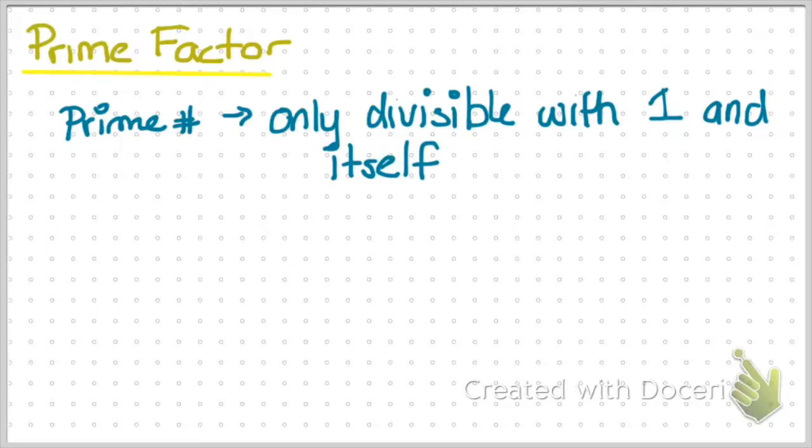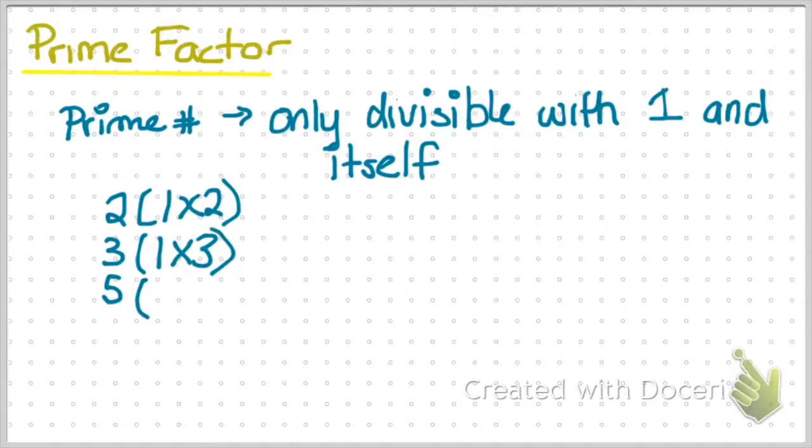An example of this would be if we start from the lowest numbers in our system. If we talk about the number 2, the number 3, and the number 5, well, the factors of 2 are just 1 times 2, the factors of 3 are just 1 times 3, and a factor of 5 is just 5 times 1. And you'll notice that there's nothing else, so these are prime numbers.